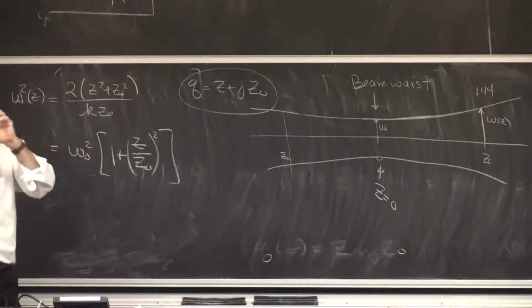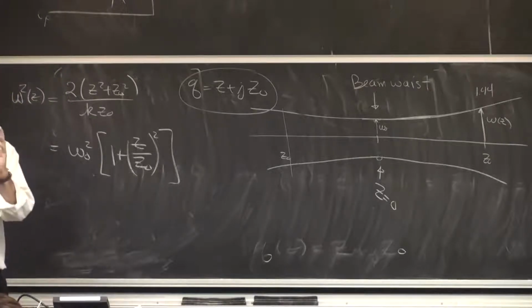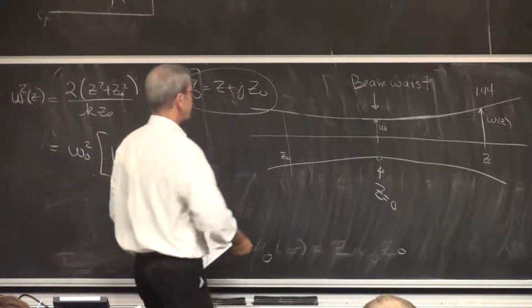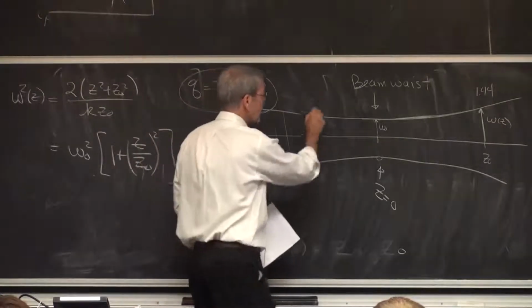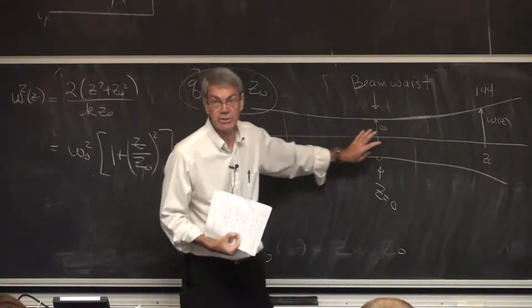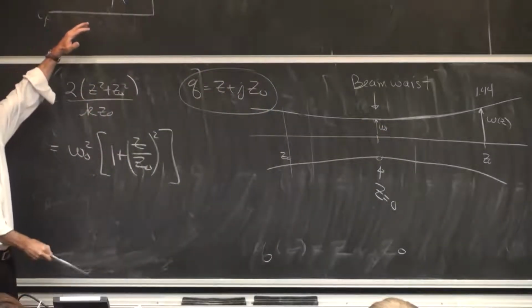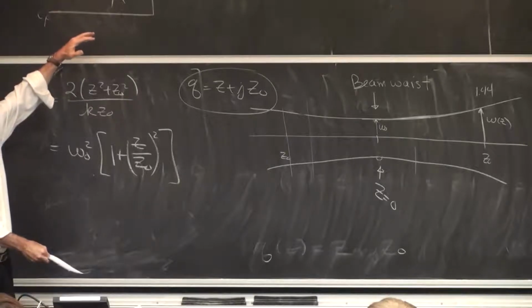Or if you're trying to get a lot of high intensity, for example, to extract a lot of gain out of a laser gain medium, I will put my gain medium inside this zone, and then I've got the maximum intensity for stimulated emission. If I put it out here where the beam is really big and large, I don't have as much intensity, so my stimulated emission is less.